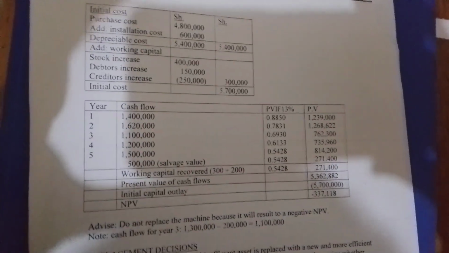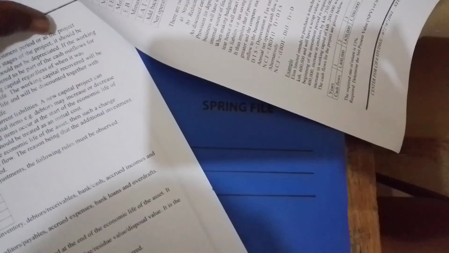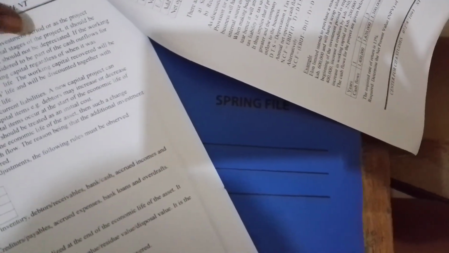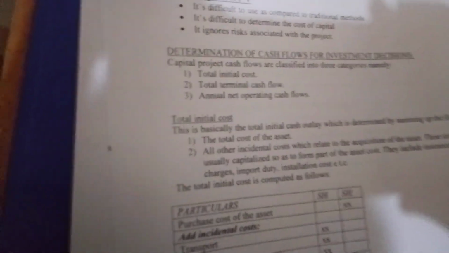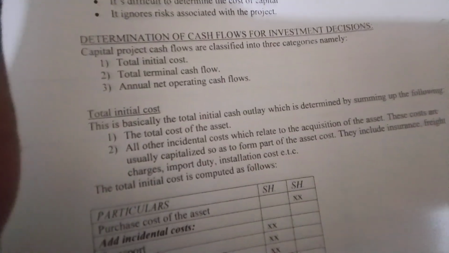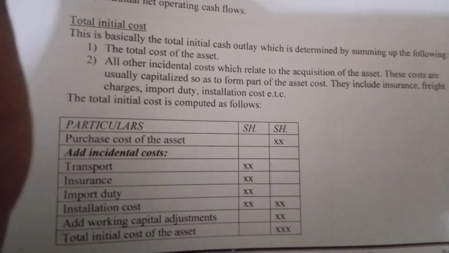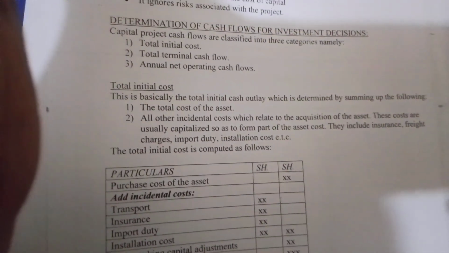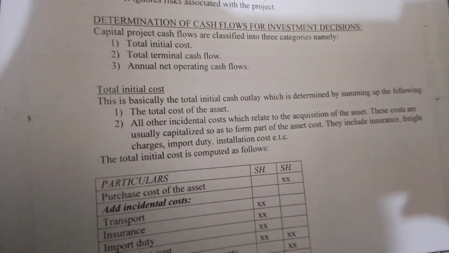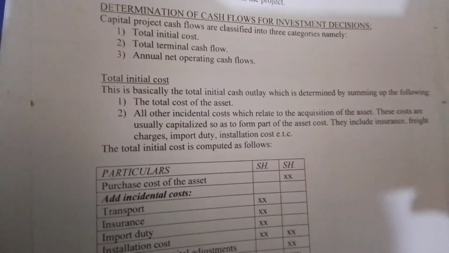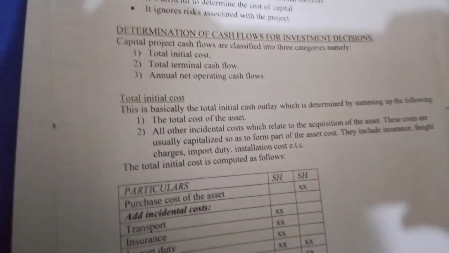Let me just show you what I'm saying. I'm just summarizing what you have done. What I'm referring to is this part here: the total initial cost, total terminal cash flow, and annual net operating cash flow.